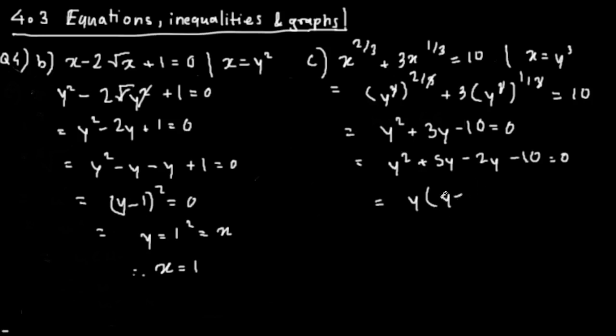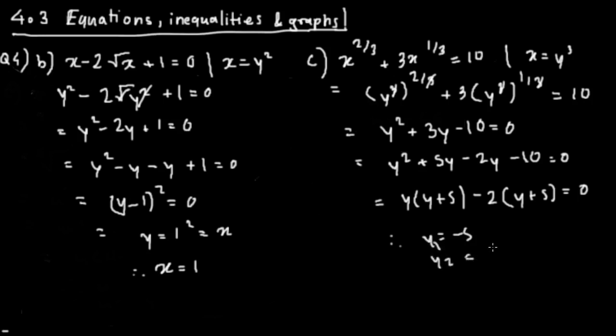I am slanting quite a lot. Hold on. Therefore, y is equal to minus 5, or y is equal to 2, right?